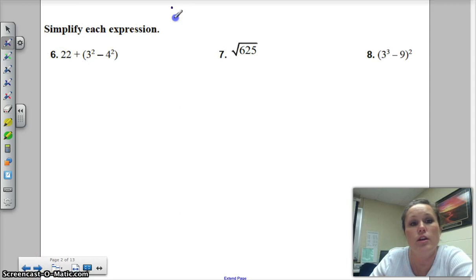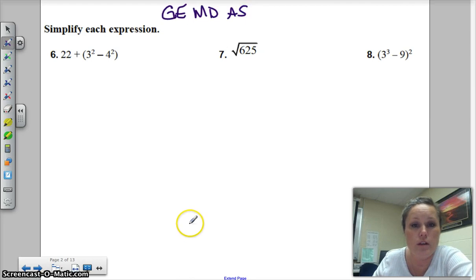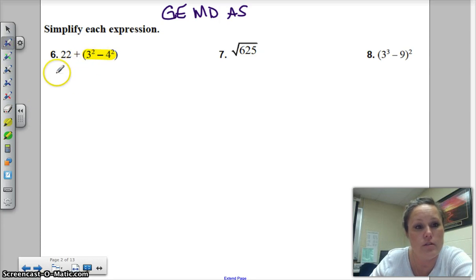Simplify each expression. Here, guys, we need to use GEMDAS. So we're going to start out with our grouping symbols, exponents, then move on to multiplication, division, then addition, subtraction. So start in my grouping symbol here, and I have to do exponents within there. So bring down my 22 plus 3 squared is 9, 4 squared is 16.